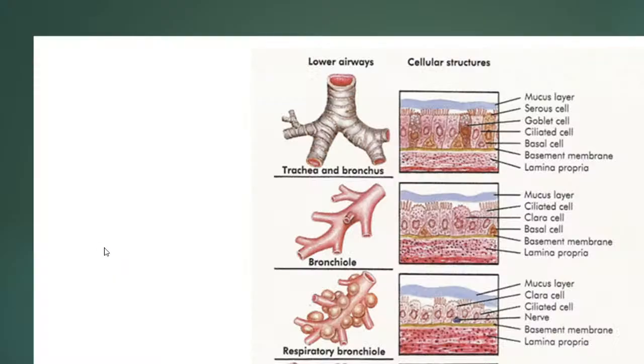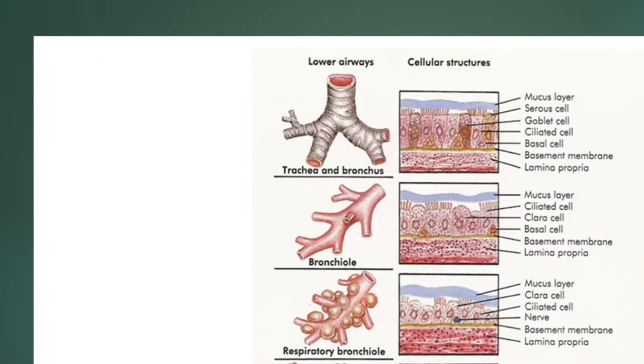Next, middle bronchi. Middle bronchi have a diameter of about 2 to 5 millimeters. Anatomically, these are subsegmental bronchi. The same, they have pseudostratified columnar ciliated epithelium, but a little bit lower than in large bronchi, and it contains fewer goblet cells.